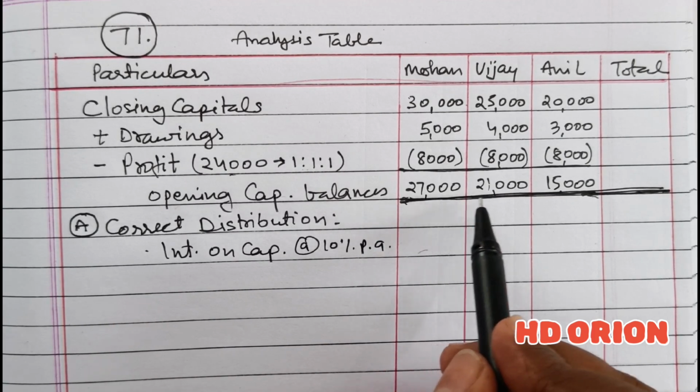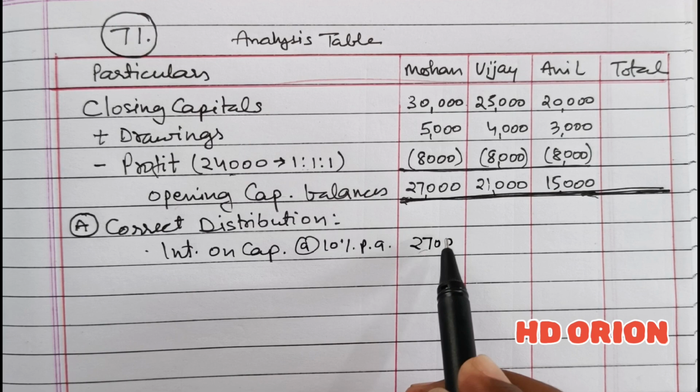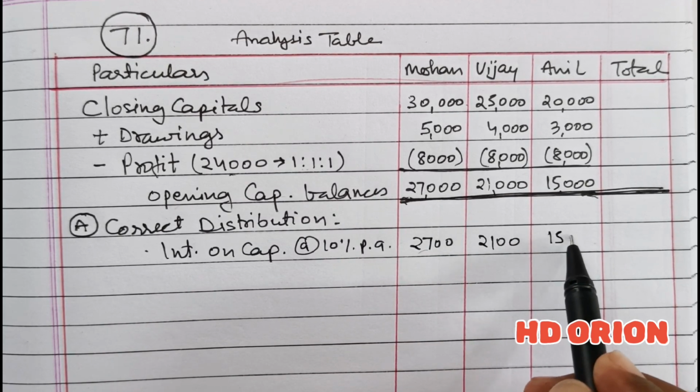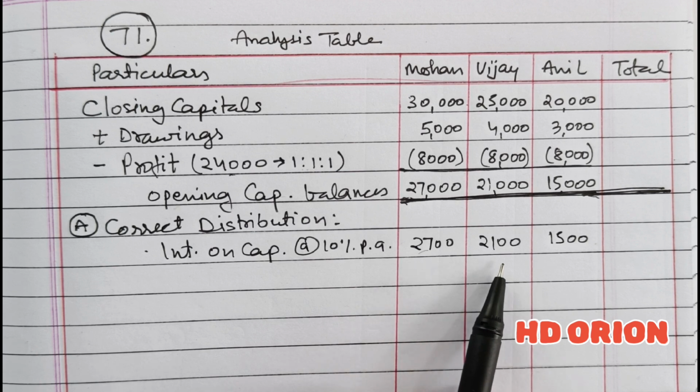Now these are the opening capitals and we have to calculate 10% of them. That is 2,700, 2,100 and 1,500. So interest on capital is an appropriation of profits. It means the firm pays this amount as interest on invested capital to the partners.